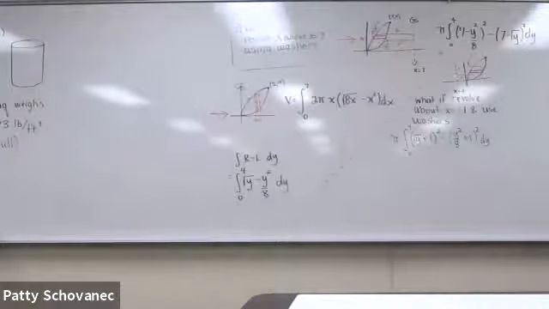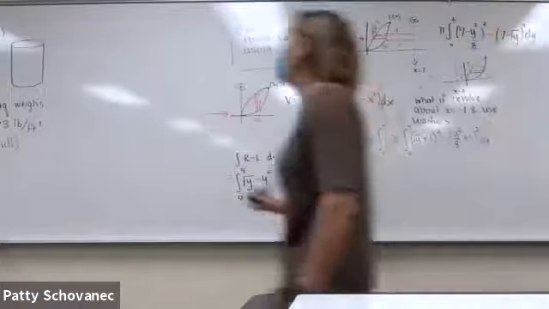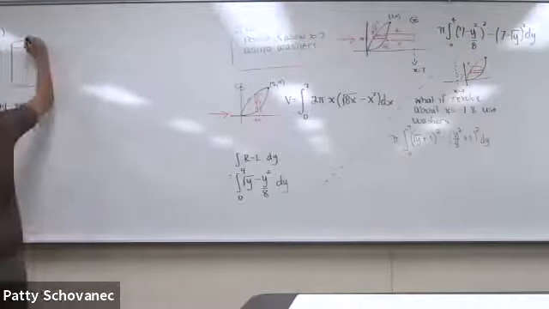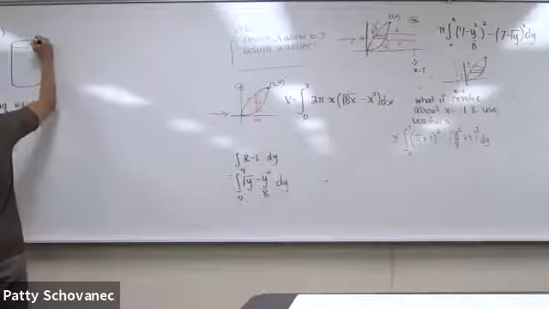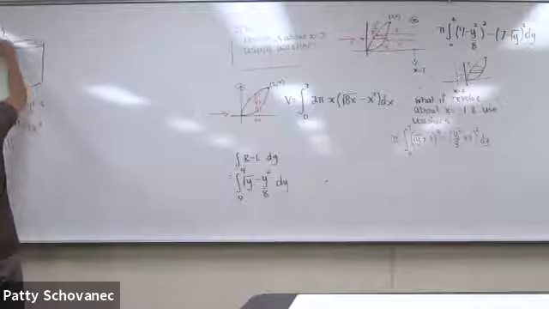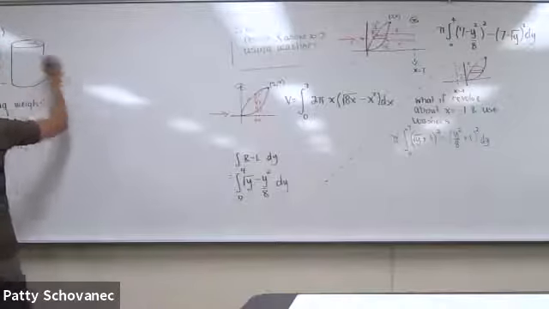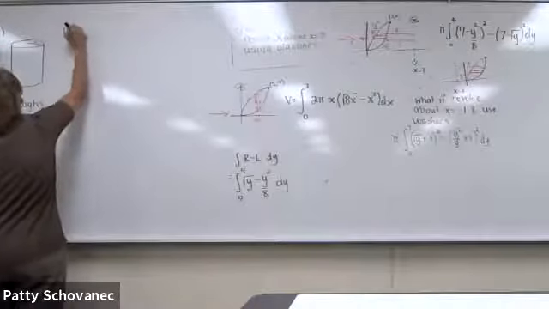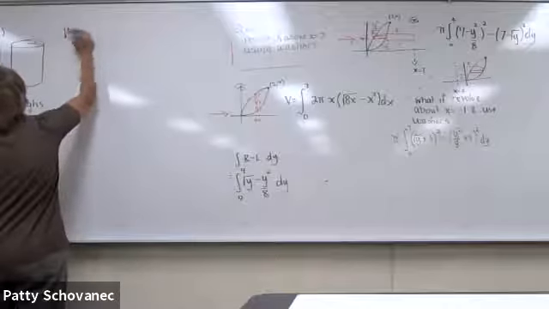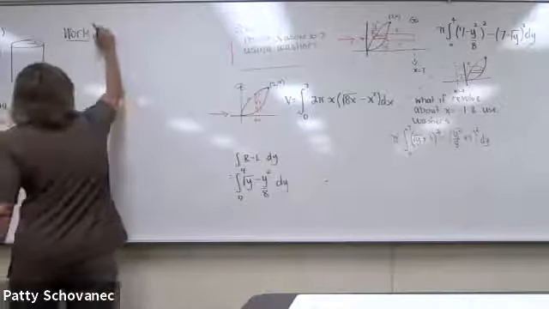Full tank with that amount of liquid, the tank has a radius of 4 feet and a height of 10 feet. We want to find the work done in pumping out the liquid to the top.